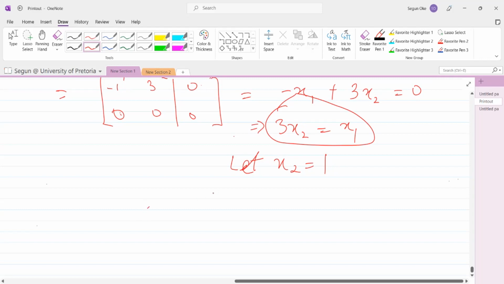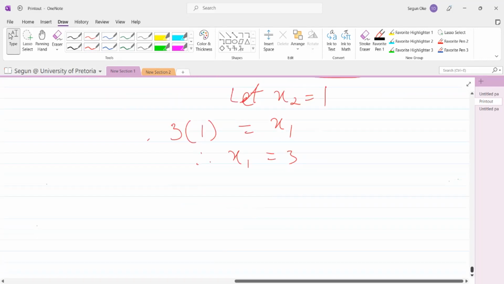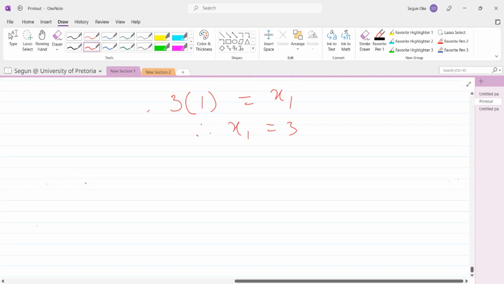Now we can go ahead and say 3 into 1 equals x1. Therefore, x1 is equal to 3. So we now have it this way. This is what we call the eigenvector. You can see x1 equals 3 and x2 equals 1.